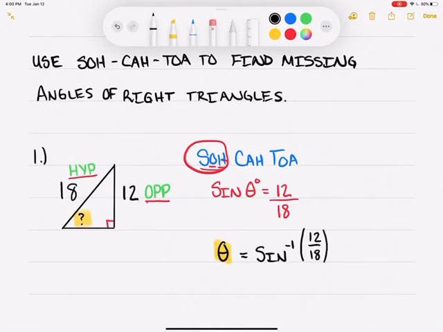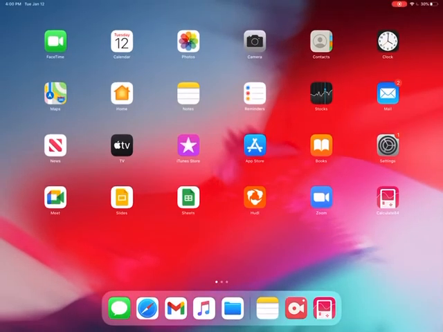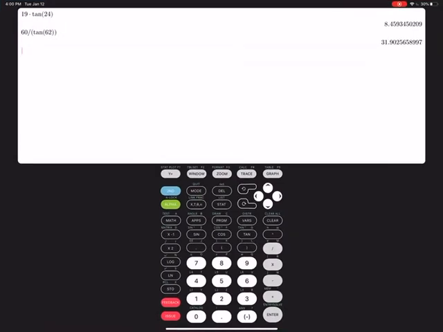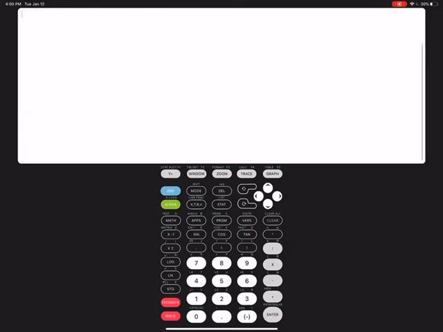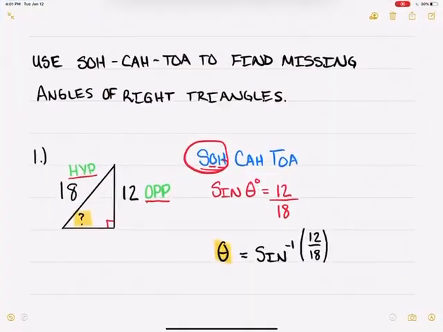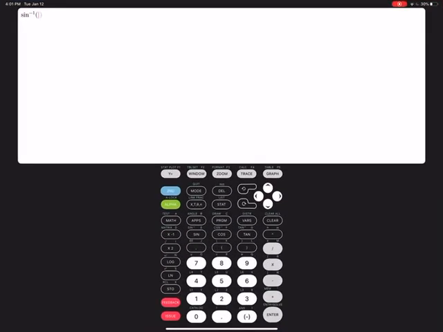Like I said, from here it's a calculator problem. So in your calculator, which I would recommend Calculate 84, it's a great app. In your calculator, first you want to make sure that your mode is in degrees. As you can see here, mine is in degrees. To do inverse sine, you want to hit the blue second button. Then you hit sine, and that'll bring up your inverse sine. See how it has the -1? Inside the parentheses, you're going to include your fraction. Our fraction was 12 over 18. So 12 divide 18.